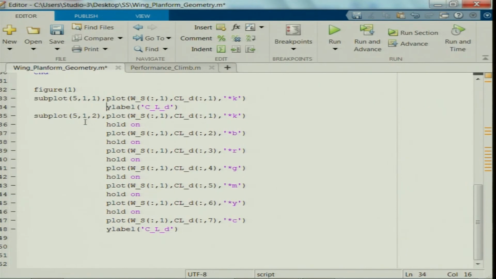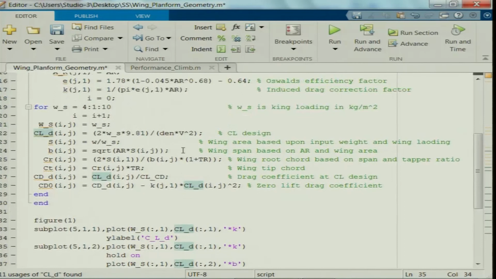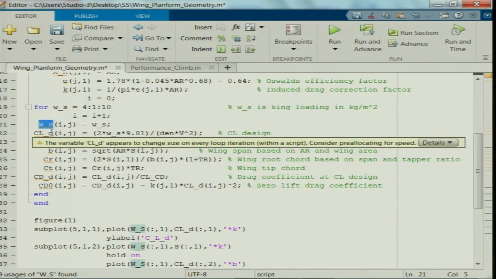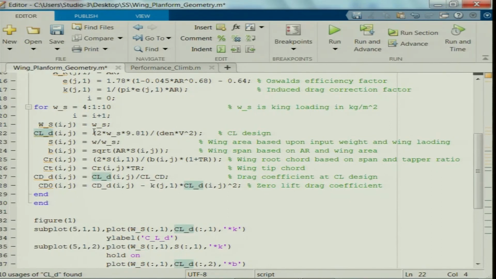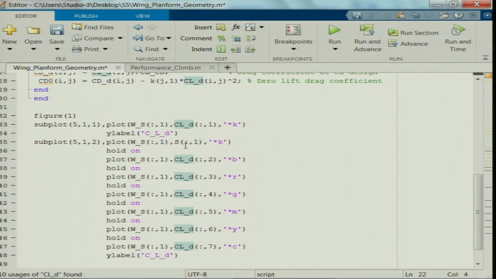So, plot the second subplot, let us do it for the variation of S. In fact, S will also not vary with aspect ratio, it just depends upon wing loading, right. So, wing loading is independent of aspect ratio, which is another variable of this iteration. So, CL design and S are independent of aspect ratio, the geometric parameters here. So, if you plot any one of these, it will remain constant here, right.